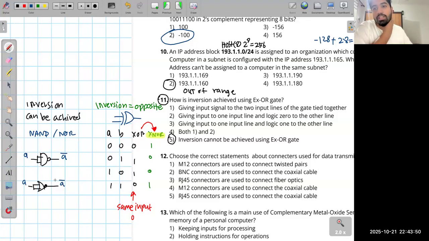But, okay. A, what did you say? A0, A1. Do you get that answer? A XOR 1: 0, 1, 1, 1. Same input gives 0, different input gives 1.